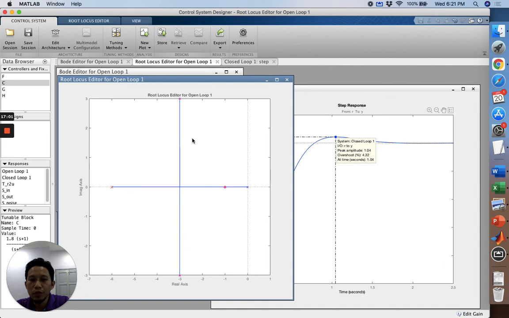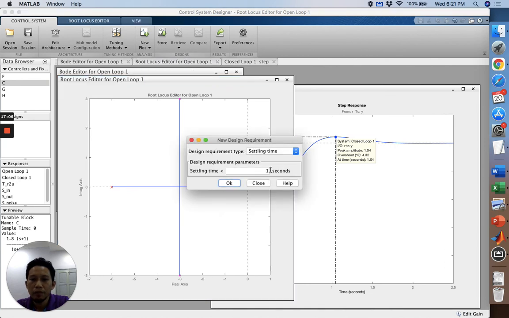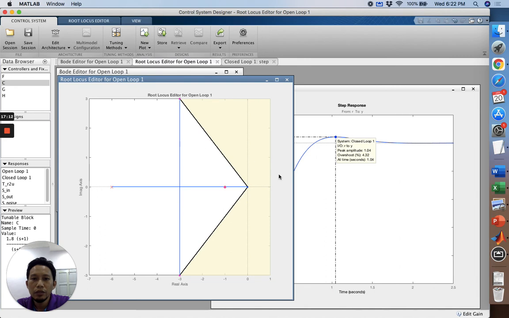So let's say we want to have close to 10% here. You see here our time is 1.04, which is close to the design requirement.